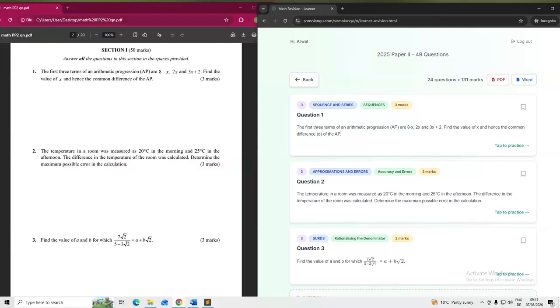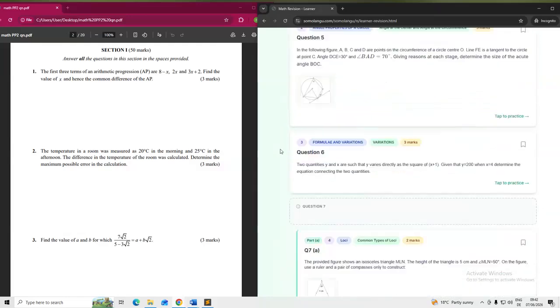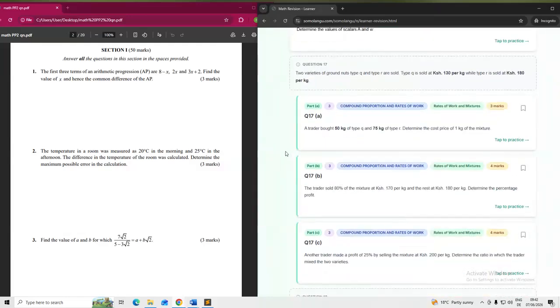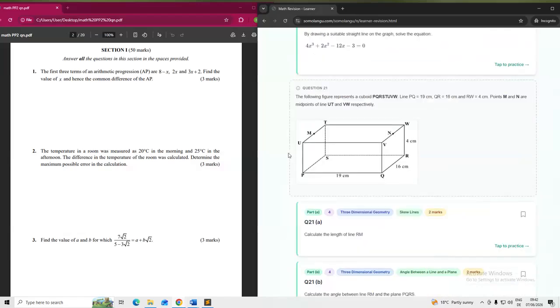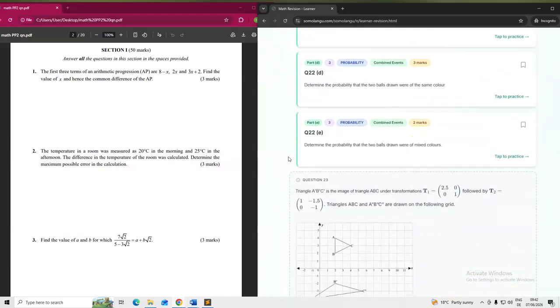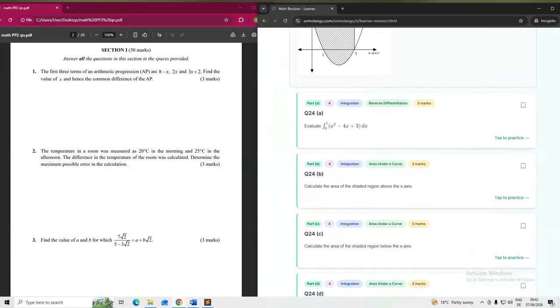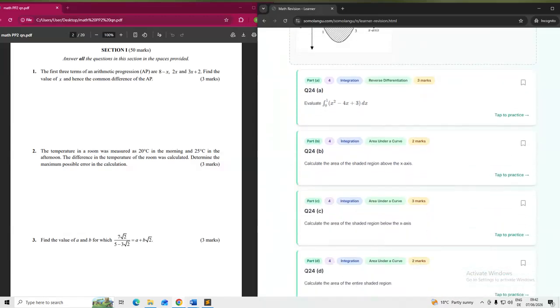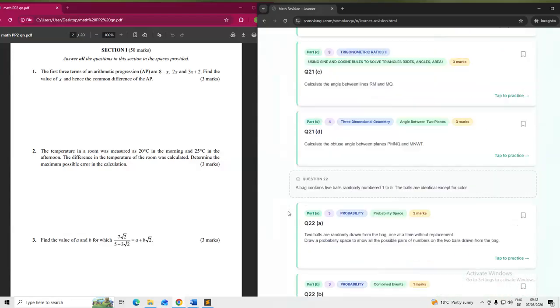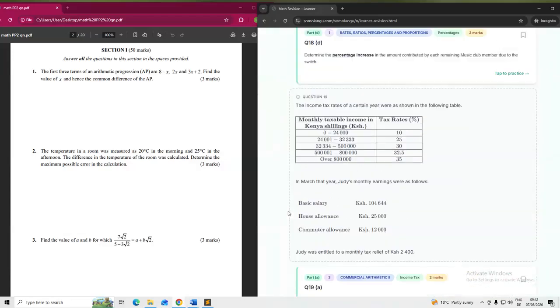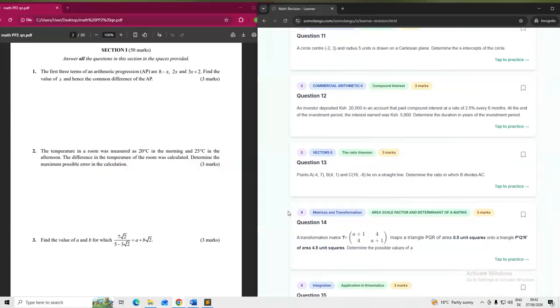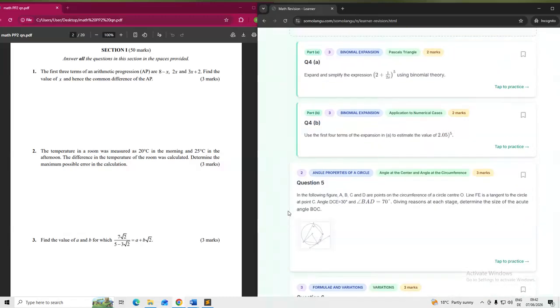We have our questions from question number 1 all the way to question number 24, up to 24D. Remember, we are identifying the topics and subtopics tested by each question.